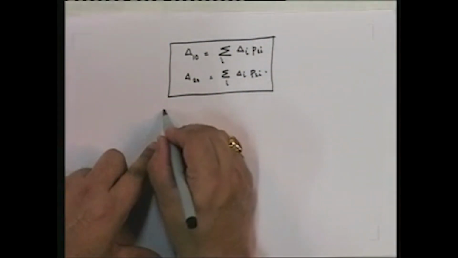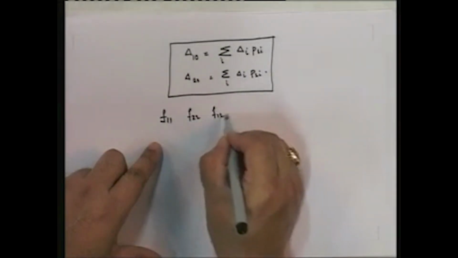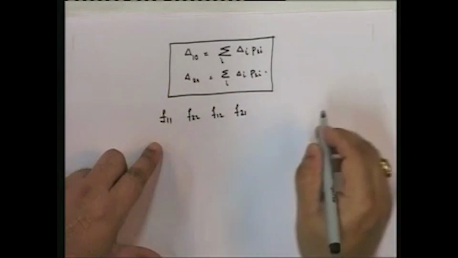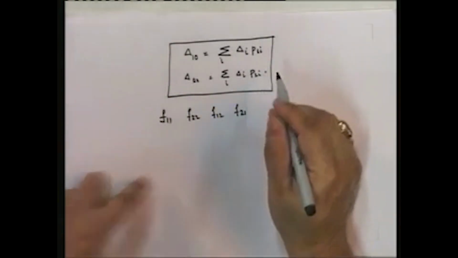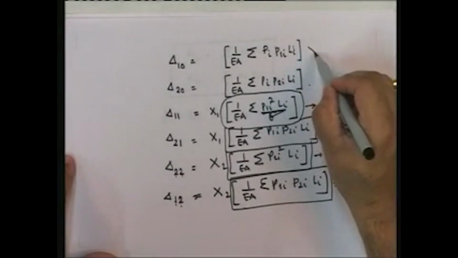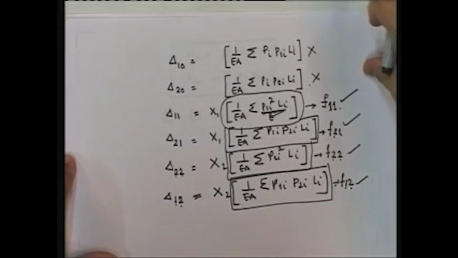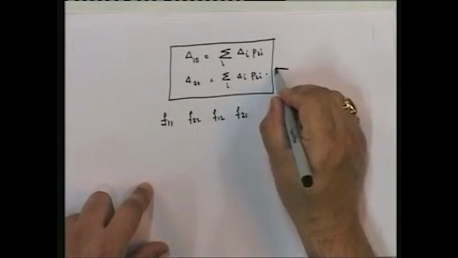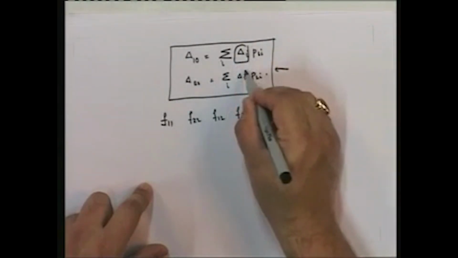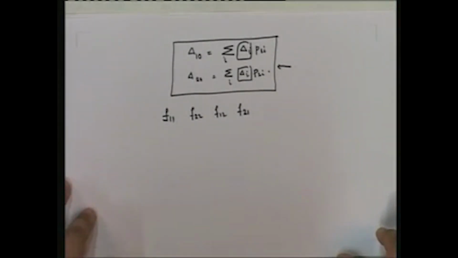The computing of F11, F22, F12 and F21, which I looked at last time, remain the same. Only this and this for loading is this, and when you have temperature, this is different, and this is given by these, where these are the temperature deformations that you get in every member.